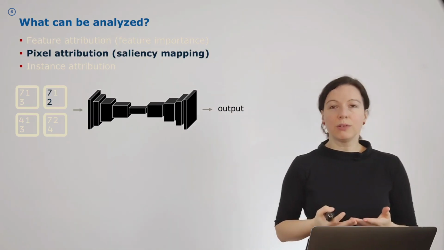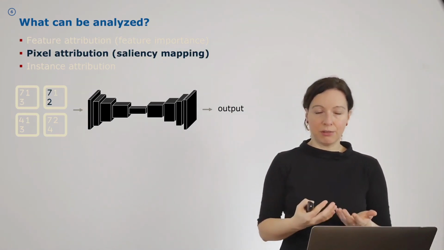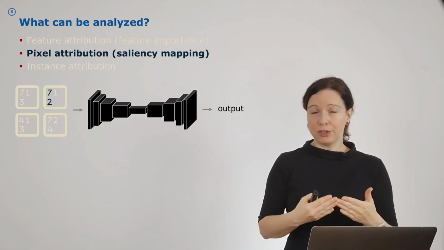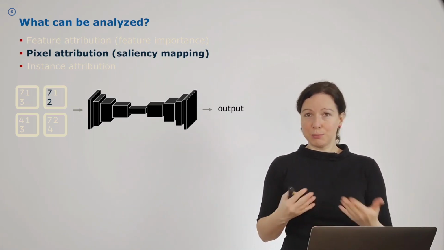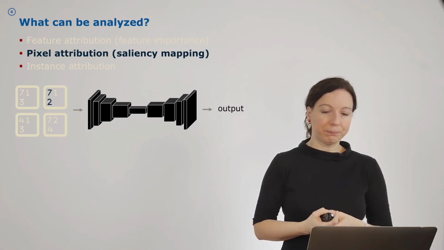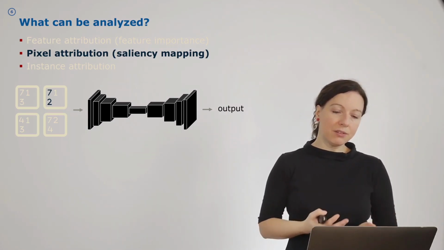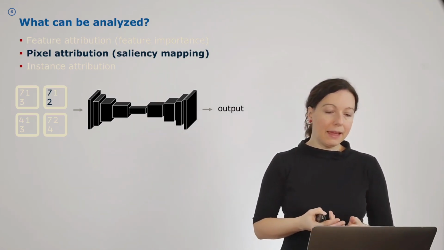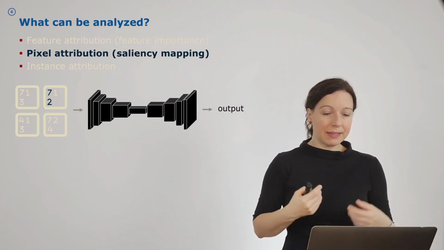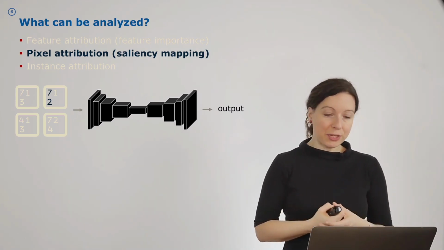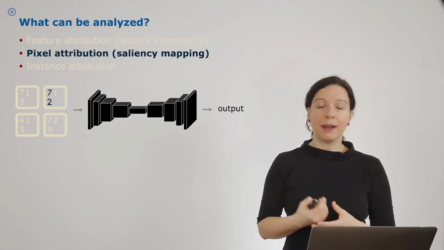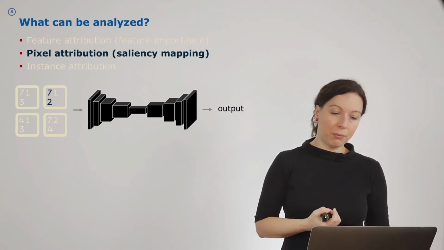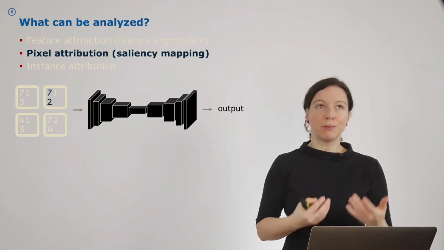And we will also have a look at pixel attribution. There's a very, very close connection to feature attribution. Actually, it's a special case of feature attribution. Pixel attribution is also sometimes called saliency mapping or heat mapping. It is a special case of feature attribution where important pixels in images are identified, and mostly for one specific image, one specific instance.